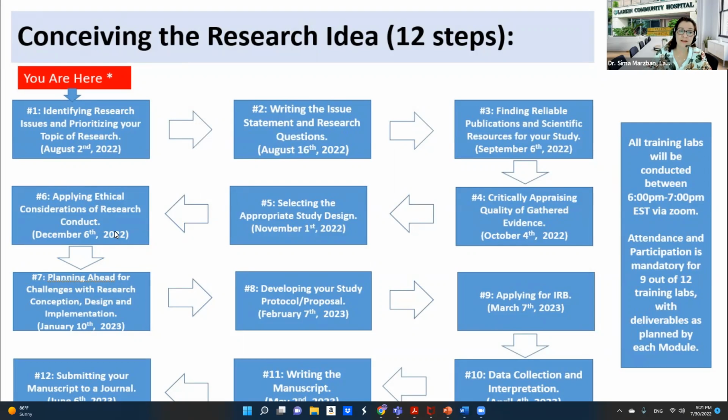Applying ethical considerations of research and well conducting of the research would be the sixth module. And the other one is planning ahead for challenges with research conception, design, and implementation.